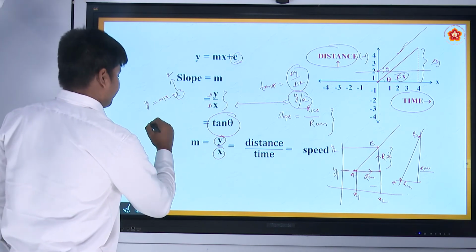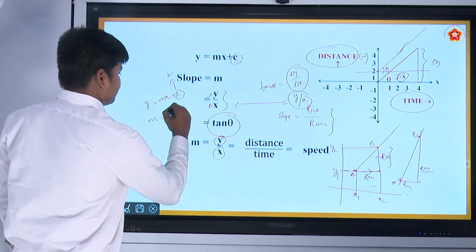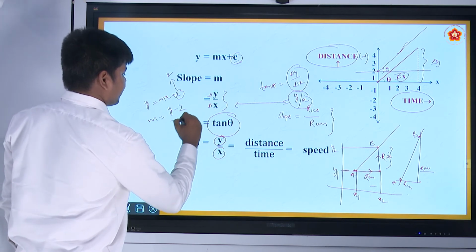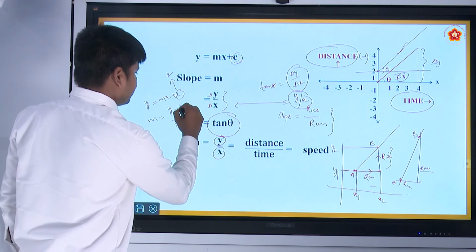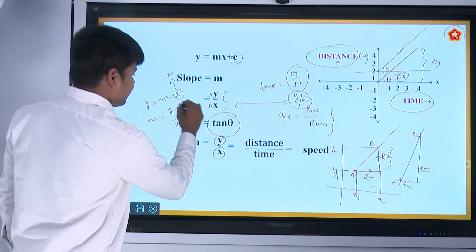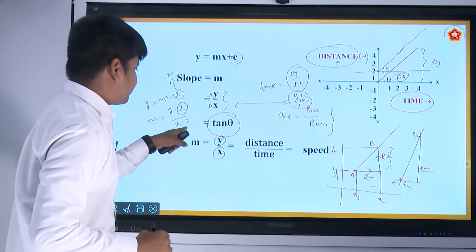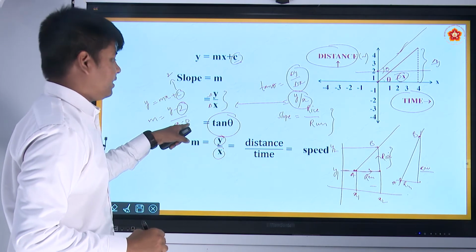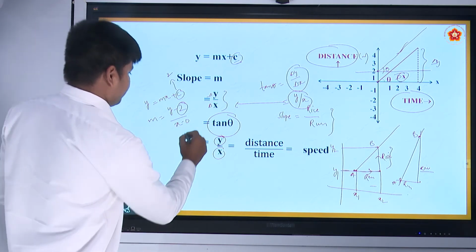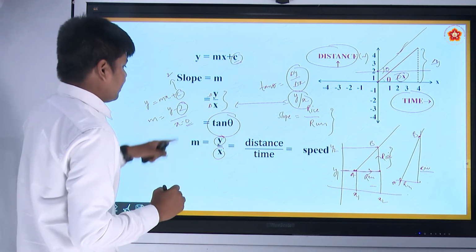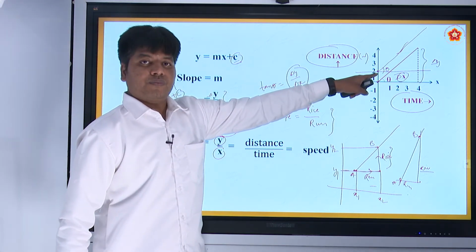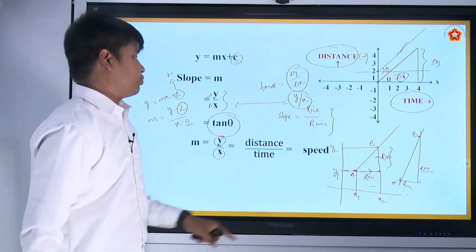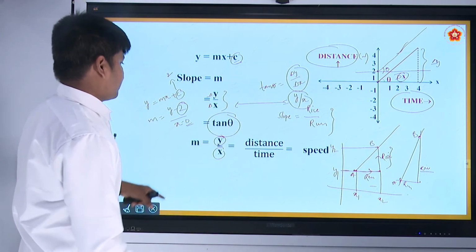So, to find out the slope, it becomes y minus 2 by x minus 0, because when the y value is 2, x is 0, that is, time is 0. At time equal to 0, it is at 2. The distance is already 2. So these are the corresponding values.